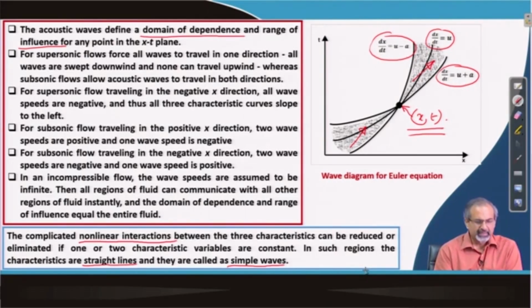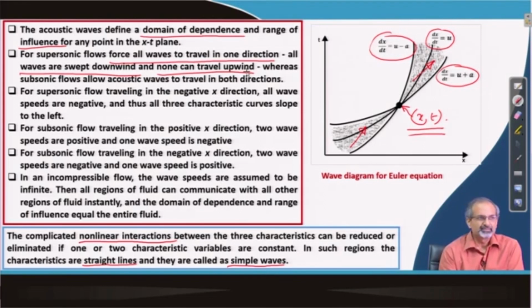So, let us say there is a supersonic flow moving from left to right. What will that do to all these characteristics? It makes all the waves travel in one direction. It sweeps them towards the flow direction. So, all the waves are swept downstream and none can travel upstream.